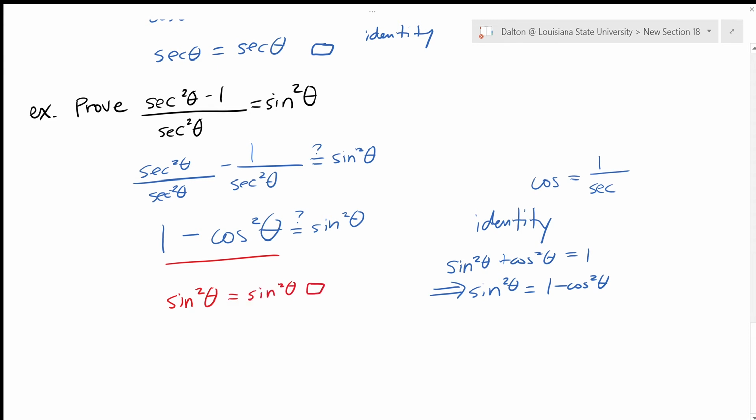Or you could use the same trig property to substitute for sine instead and have your final statement be 1 minus cosine squared theta is equal to this 1 minus cosine squared theta, and end your proof with that statement. So either one of these final statements would be fine using that identity.